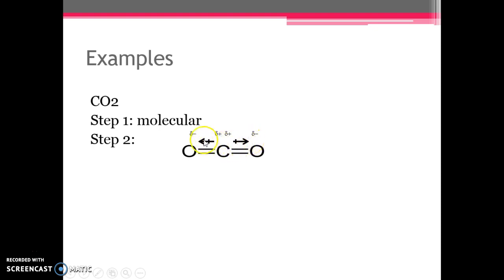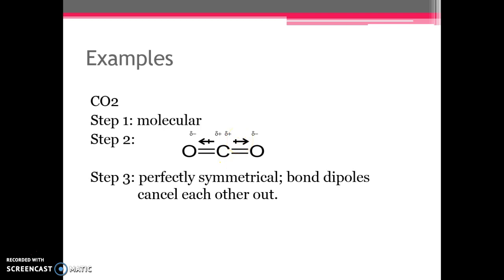So here you have an example of bond dipoles, but because the arrows are opposing each other, you have cancellation, and so your result would be a nonpolar molecule. Plus, this is a completely symmetrical molecule. Left to right, top to bottom, any way you look at it, it's very symmetrical. So your result has to be that it is nonpolar.